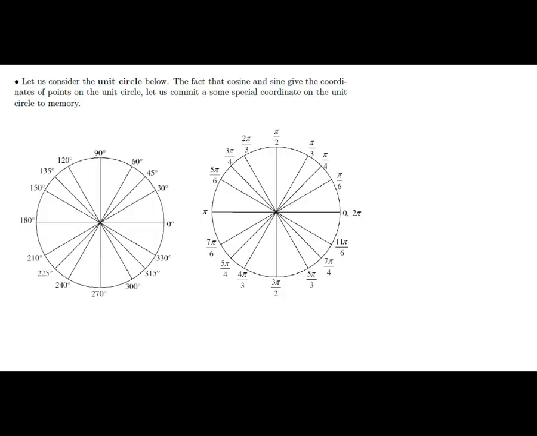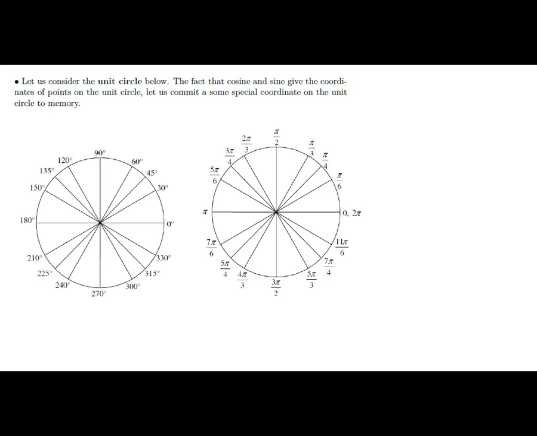So now that we have the ability to find the x and y coordinates on circles based upon the angle, it's probably worthwhile to take some of those special angles that we saw and memorized before and learn what the coordinates on the circle would be for those angles.